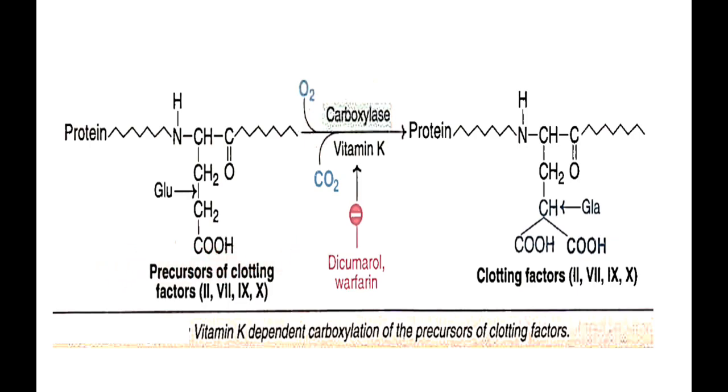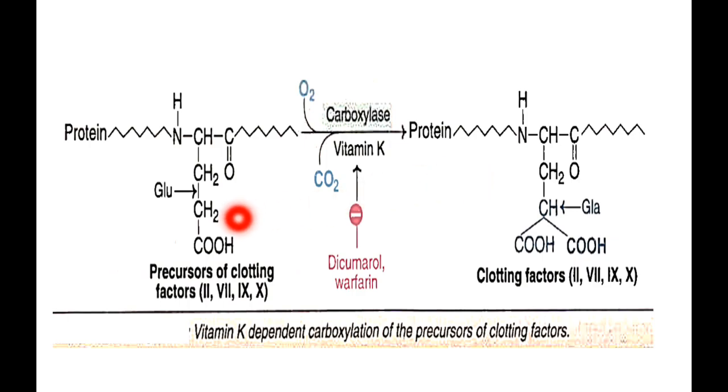These 2, 7, 9, 10 are synthesized as precursor proteins or zymogens. After synthesis of these zymogens, they are gamma carboxylated.